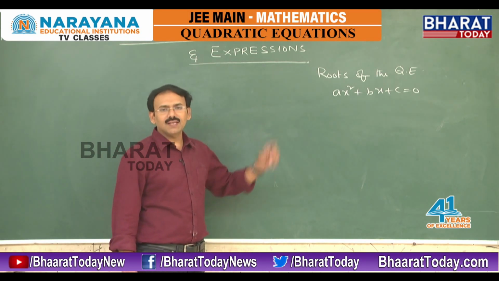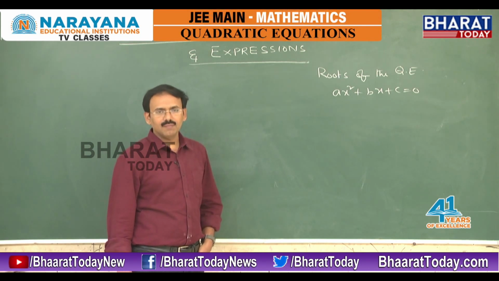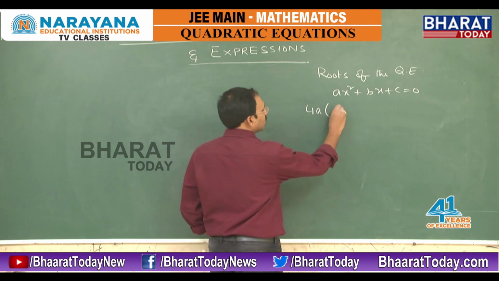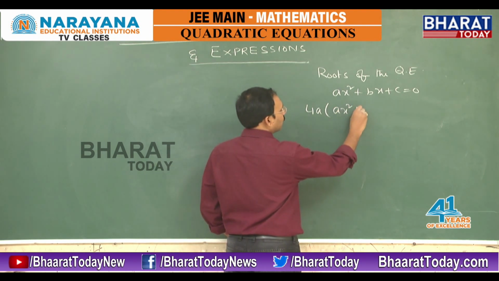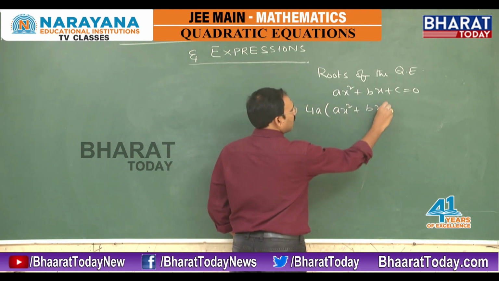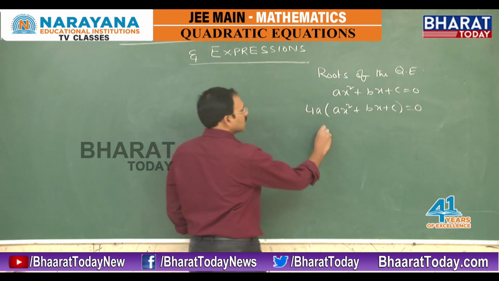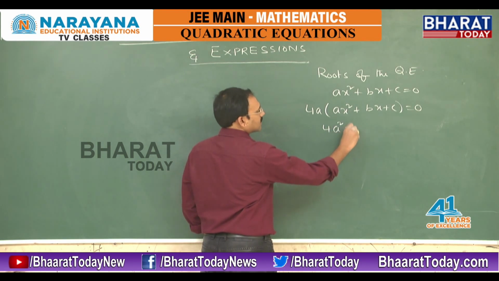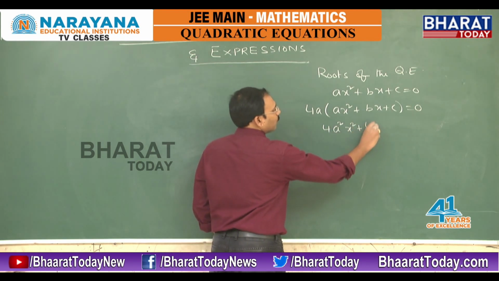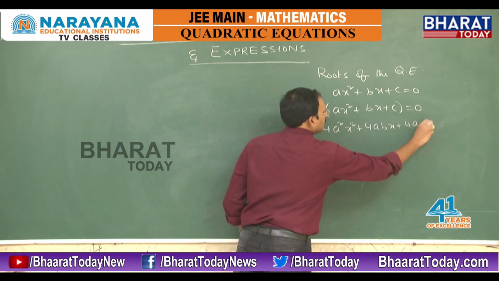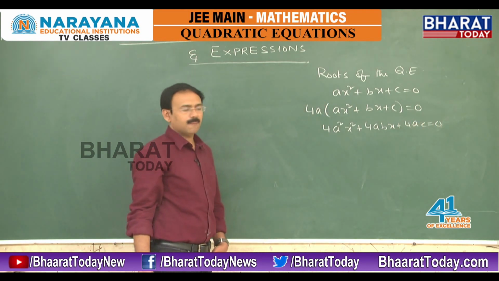Let me multiply the equation with 4a, because a is not equal to 0, so that this becomes 4a into ax square plus bx plus c equal to 0. So this is 4a square x square plus 4abx plus 4ac equal to 0.